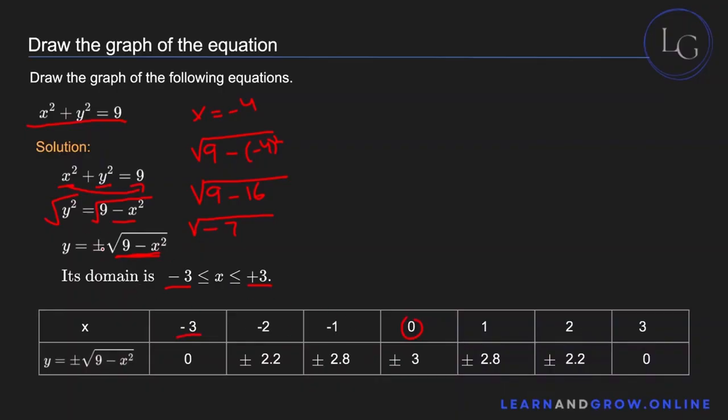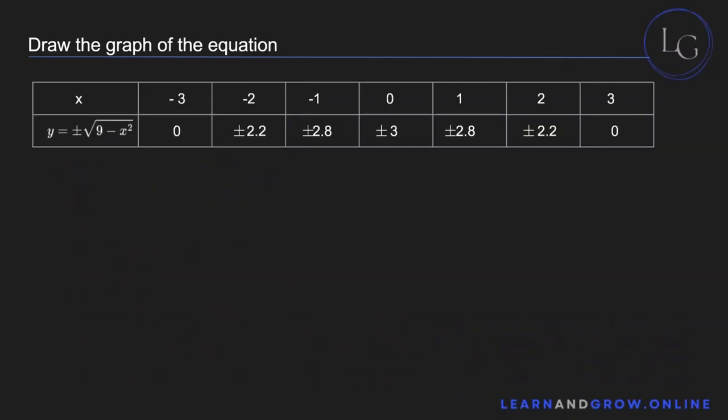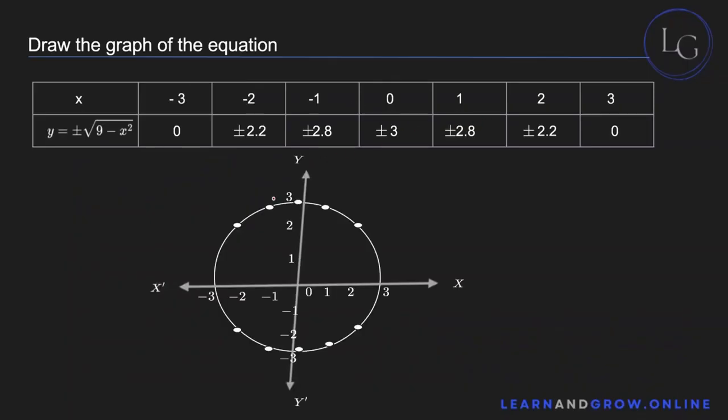But the square root of 9 is both positive 3 and negative 3, because when you square positive 3 or negative 3, you get the same answer, 9, right? This is a very basic concept, but I'm reminding you why you have to be careful in these situations. Now that you have this, draw the graph, and this is a circle, right?